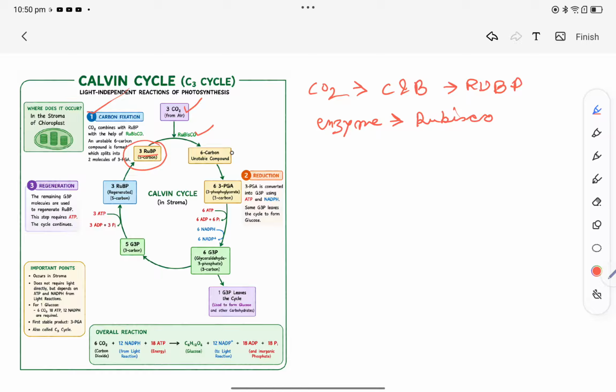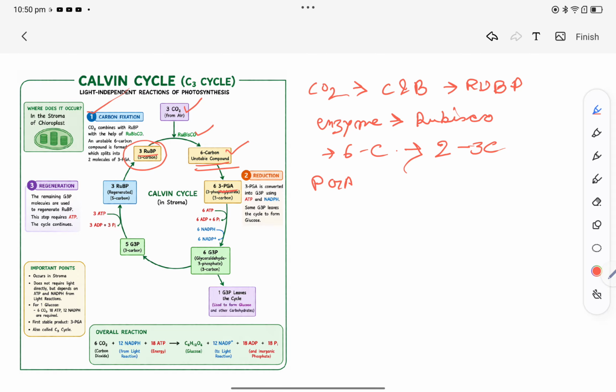A 6-carbon compound is formed. But the problem is this 6-carbon compound is very unstable. That's why it is broken down into a 3-carbon compound, that is PGA.